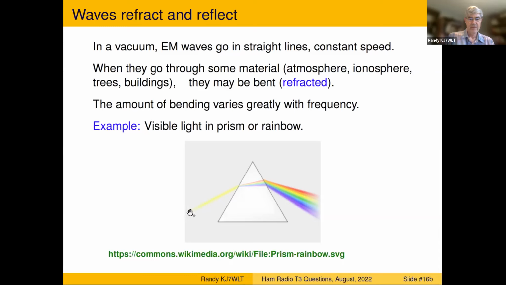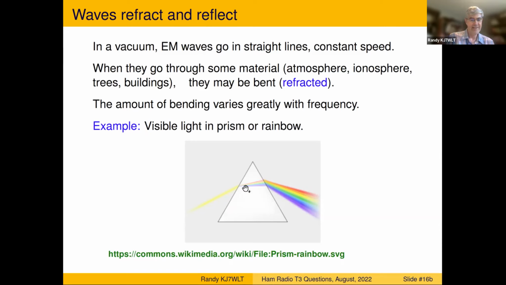So we have all frequencies coming in together, moving at the same speed, a mixture of all of them, but then they get bent in different ways, and so different frequencies are affected differently by the material they're going through. Actually, this isn't a perfect analog, because in this case, it's really going at constant direction as it goes through the material of this prism.